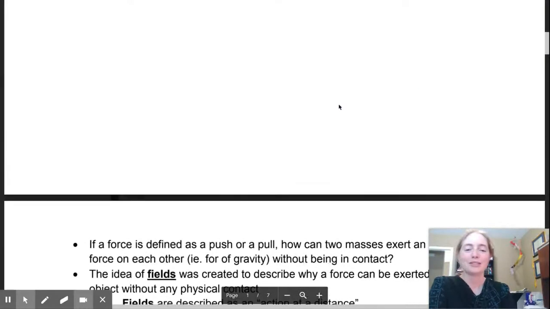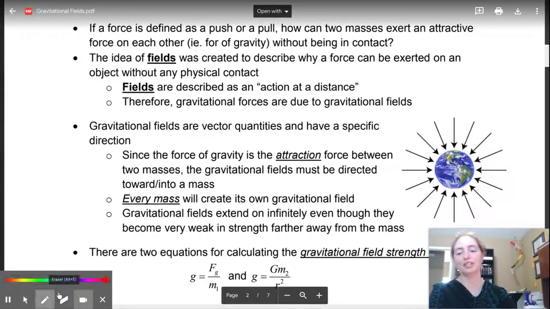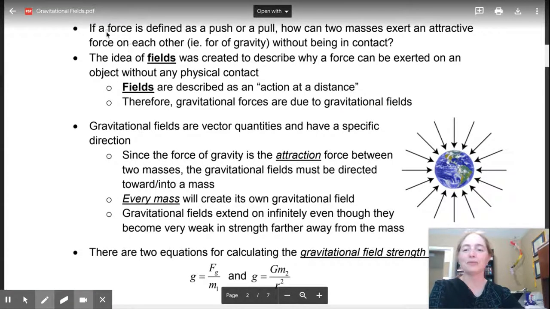Awesome. So, ladies and gentlemen, let's begin with some definitions here. So, please recall a force is defined as a push or a pull on an object. So, how can two masses exert an attractive force, such as gravity, without being in contact? It doesn't seem to make any sense, now does it? So that's where the idea of fields comes in.